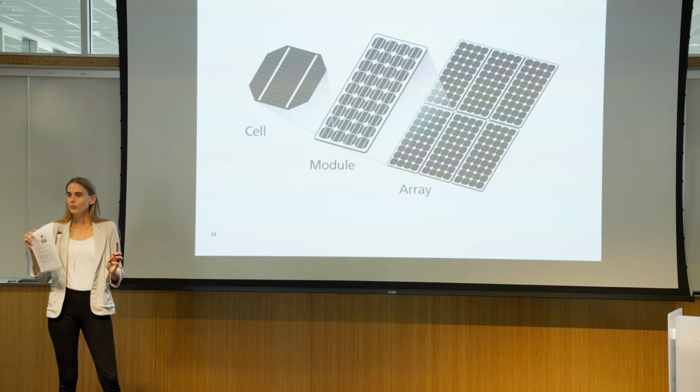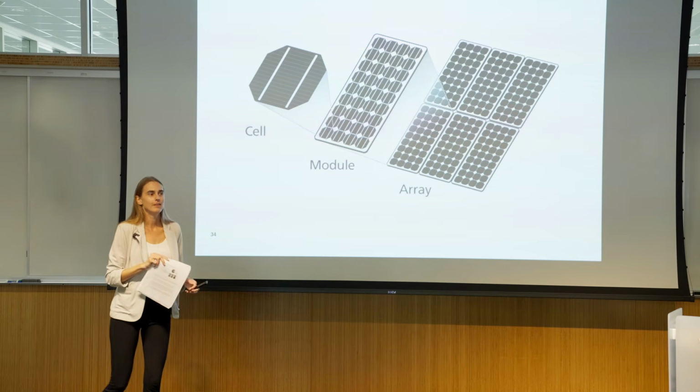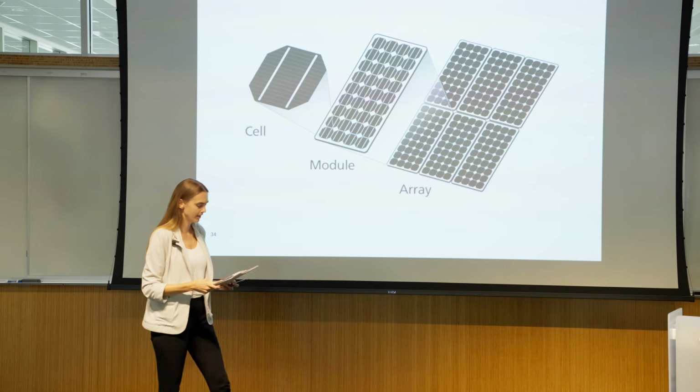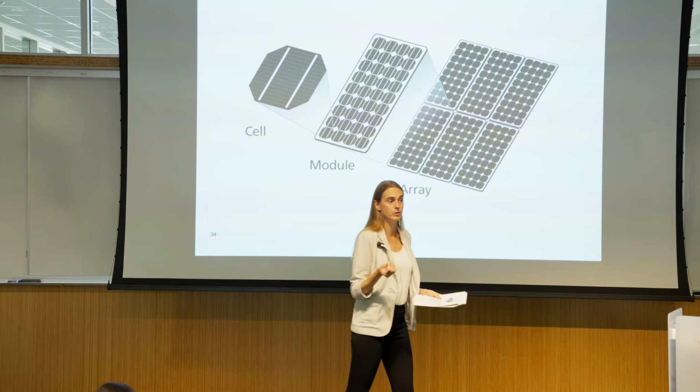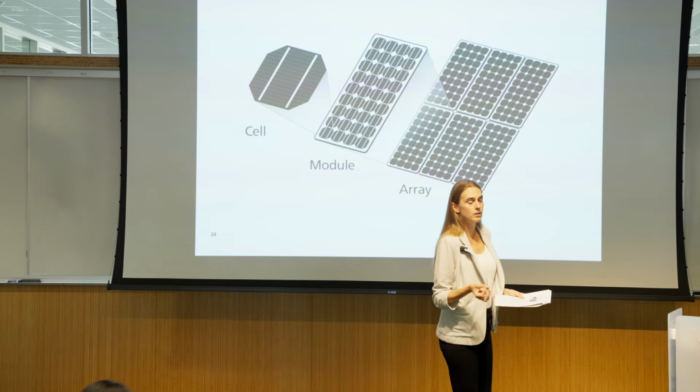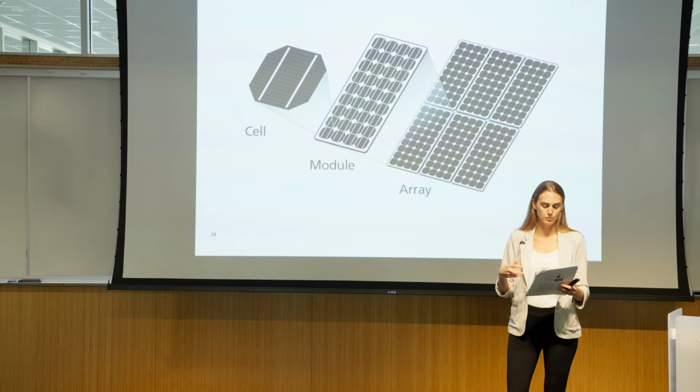One of the things that's really important to know about solar panels is the power output from a given module or modules wired together in series is limited by the current produced by the least efficient cell.